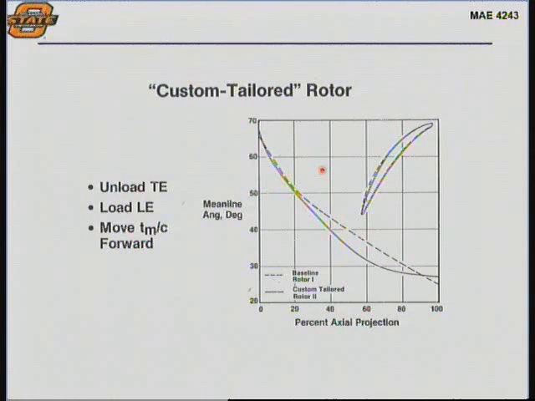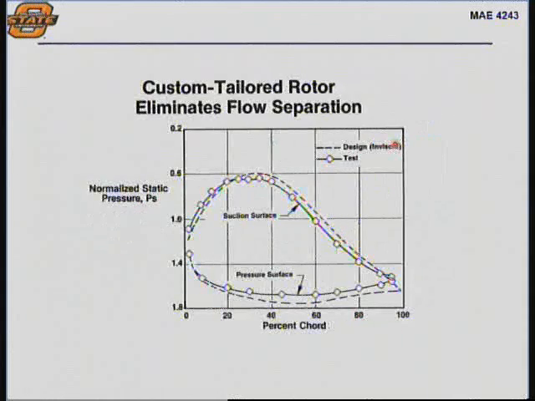Now with advanced computer techniques, including 3D CFD, you're really able to tailor the loading that occurs across the airfoils that make up the compressor. So you can unload the trailing edge, load up the leading edge, and move the max thickness around, so you can control these things much more finely.